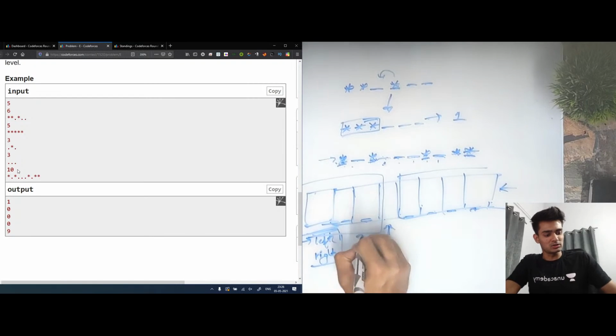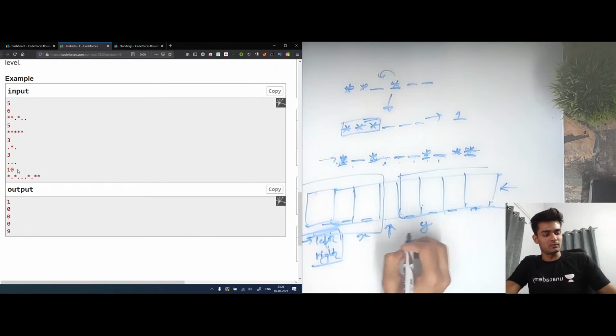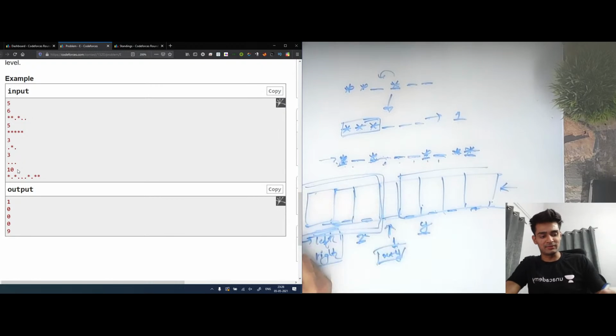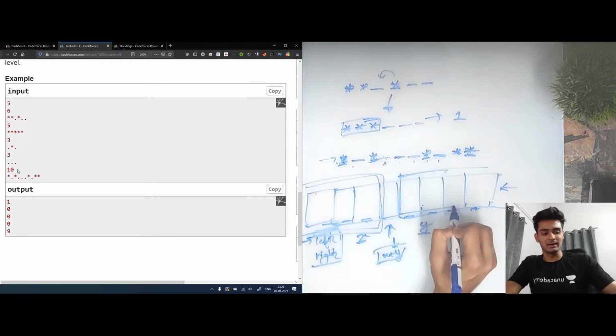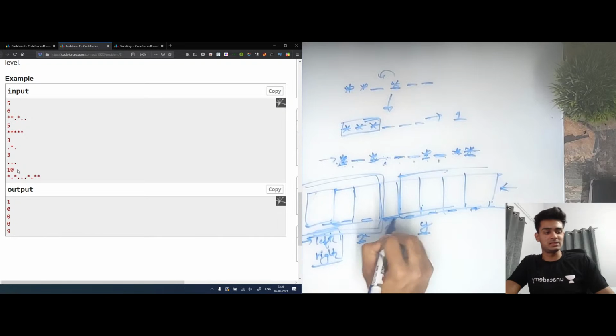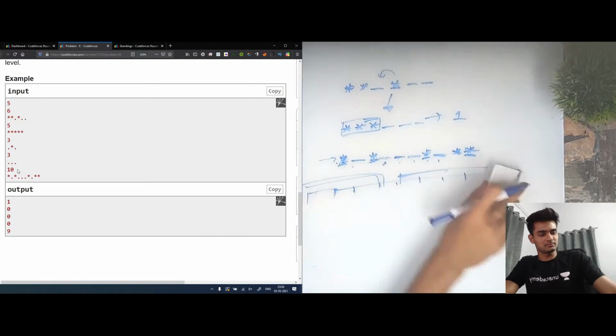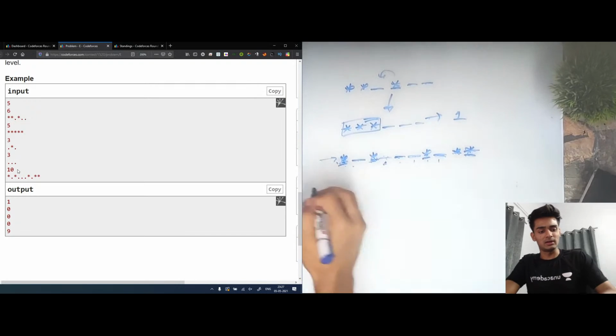So this will have a cost of x and this a cost of y, and the total cost is x plus y. But something problematic here is that you have all the sheep here in the left direction and all the sheep in the right direction, but this space remains empty. In order to solve this, you actually need to take two indexes.